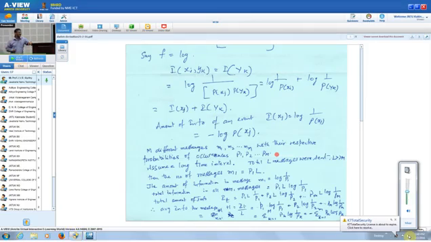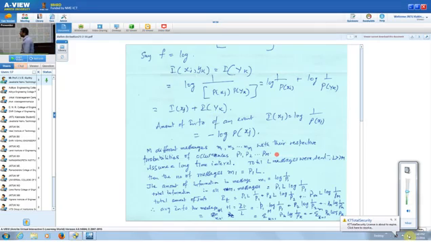Now, if you consider the number of messages of M1 during the period L, it will be the probability P1 into L. Probability is per unit time, how many times it can be passed. So in a time length of L, that probability into L is the number of times the message can be transmitted.